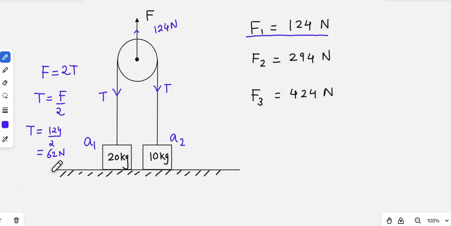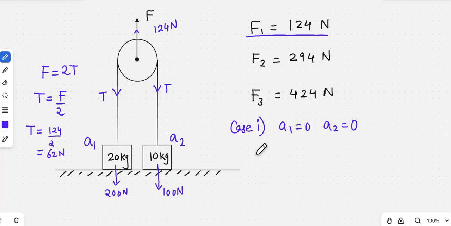Now this is a 20 kg mass, so the downward gravitational force is 200 Newton, and here also, for the 10 kg block, it is 100 Newton. So this 62 Newton is not sufficient to move either of these two blocks. So in case 1, your accelerations will be 0. A1 is 0 as well as A2 is also 0.